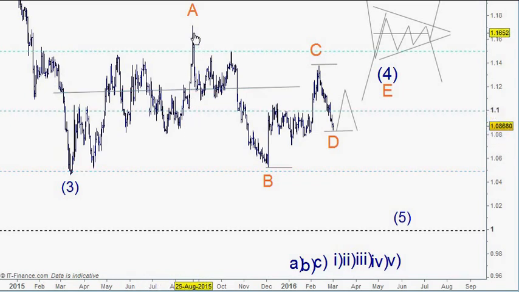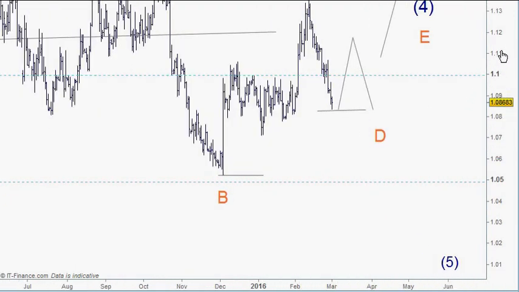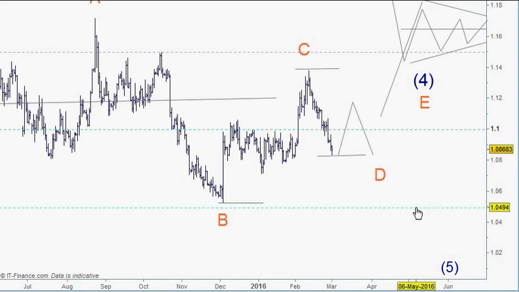Then we would expect the next structure to diminish and diminish, so we could say that the time spent in this one here may be less than this first one here, and then the same with this one as well, and then the same with D. But even though D is already pulled down to the 61.8% retracement level, it doesn't really look like it's got 3 waves there. So I think we just need to keep an open mind a little bit.